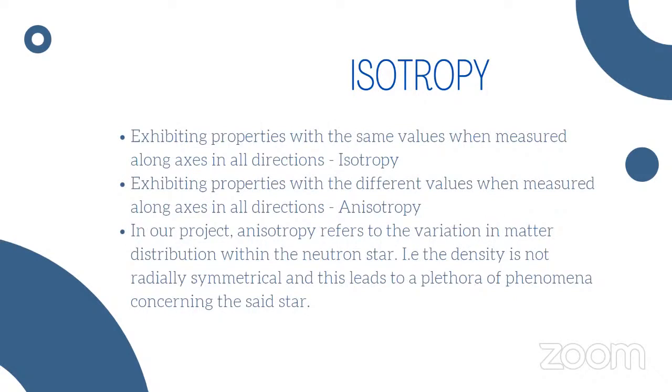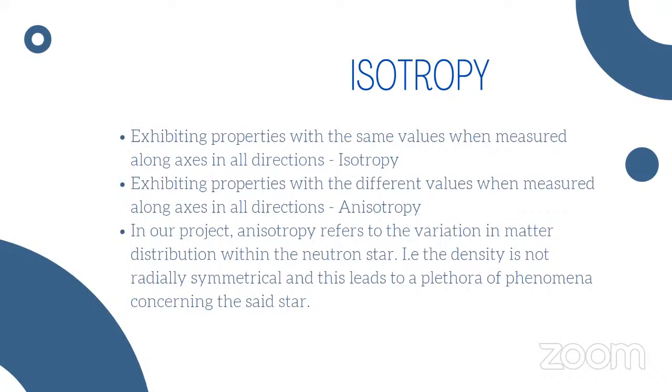Isotropy is basically defined as a property which exhibits the same values when measured along all directions. This is one of the assumptions that have been taken in the theory of relativity also. However, anisotropy is the opposite, in that it exhibits properties with different values when measured along different directions.